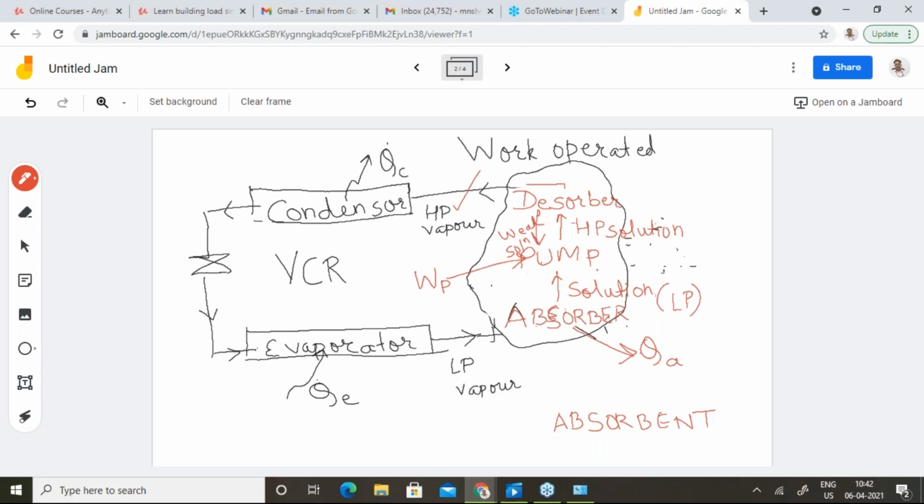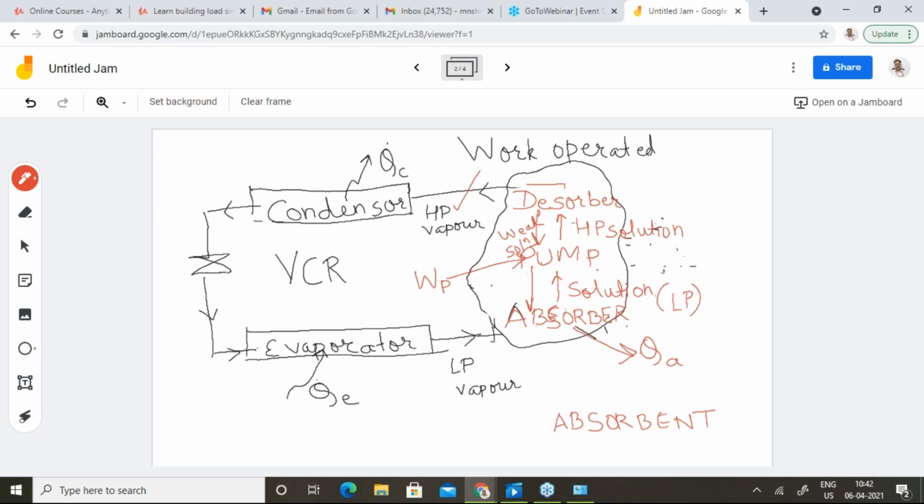It has to be expanded, throttled, so there has to be a throttling device here, and this would be throttled into the absorber back again. So this weak solution returns back to the absorber, right? And the vapor would again be absorbed in the absorber. Again we get a strong solution. This strong solution would be pumped to a high pressure.